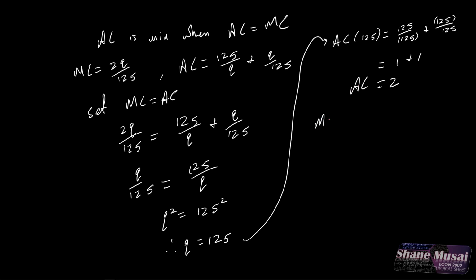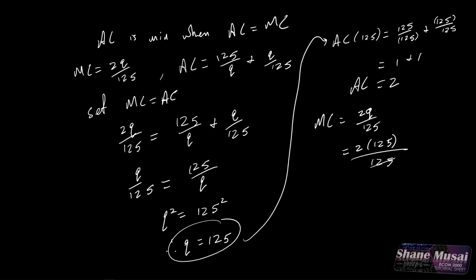And let's check our marginal cost in the long run. Our marginal cost would also equal 2. The marginal cost we know is equal to 2Q over 125. Therefore, this is 2 times 125, because Q is 125 in this case, divided by 125, this would cancel out, and so we end up with 2. Therefore, in the long run, your marginal cost is equal to your average cost, which is equal to 2.